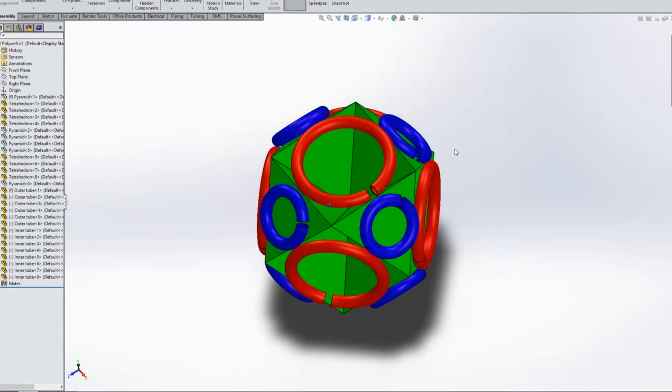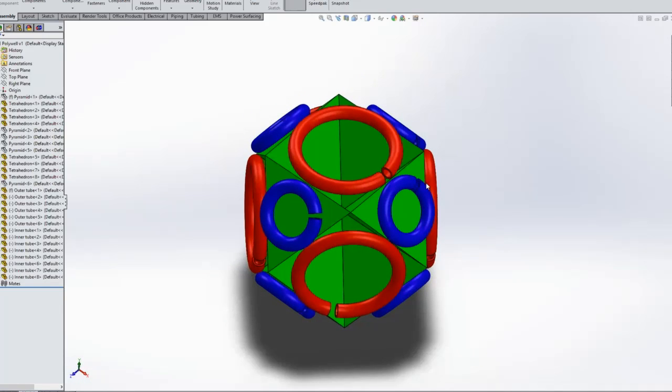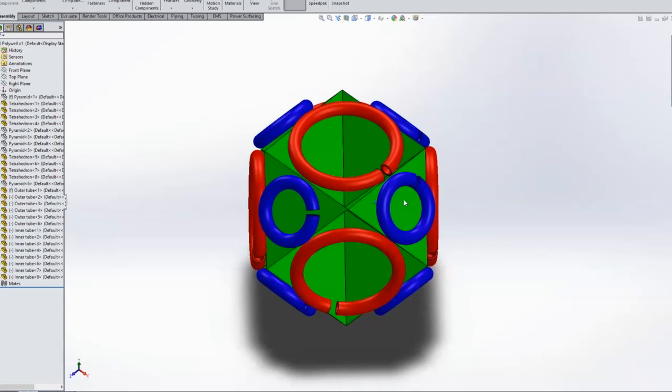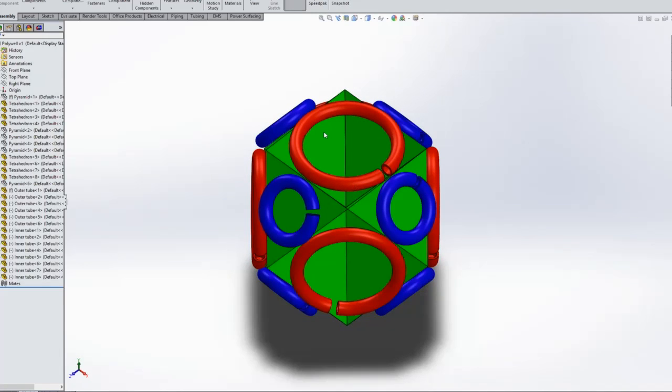If the blues are the gravitational and the reds are the magnetic, then we're going to have more gravitational but smaller diameter coils, and 6 magnetic but larger diameters, so maybe they equalize each other.